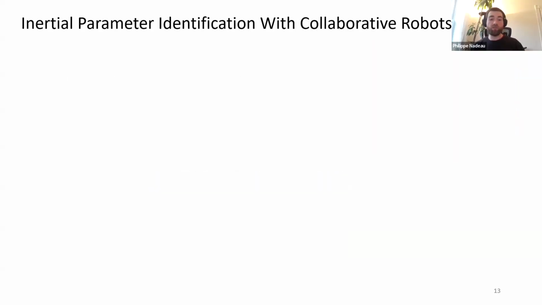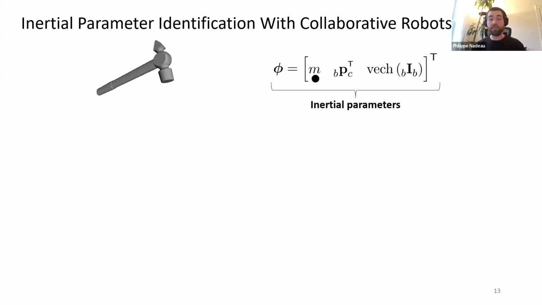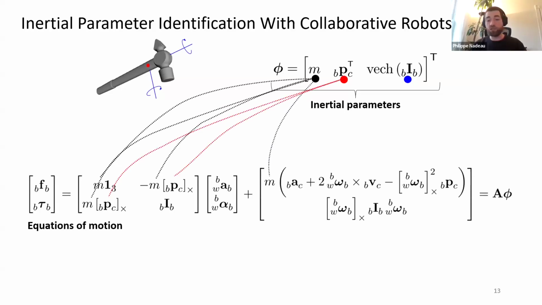So the inertial parameters of an object include its mass, its center of mass, and its moments of inertia. Identifying these parameters allows robots to precisely manipulate objects that are initially unknown, making it an important capability to have. More specifically, an object's inertial parameters appear in its equations of motion, linking the observed forces to its kinematics.